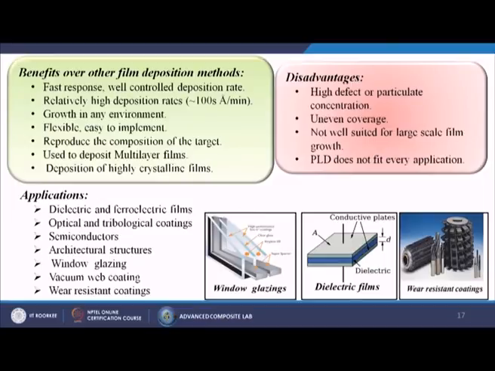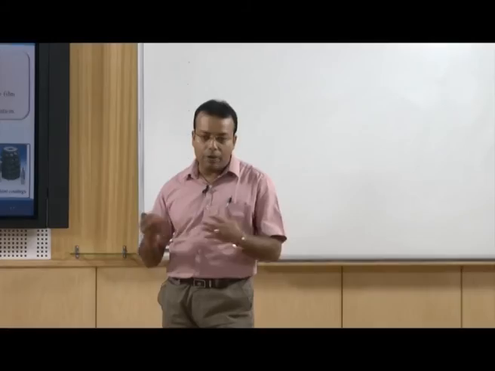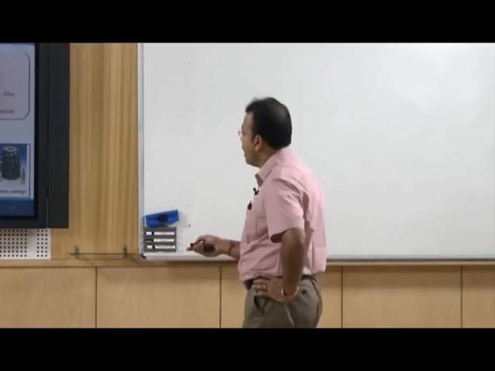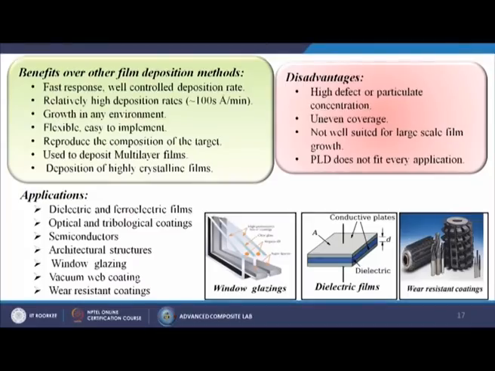So, generally nowadays we are using it on windows, maybe car windows or our household windows, simply so that at the time of raining the water particles do not stick to the surface of that particular glass, or maybe certain kinds of electrical materials, some kind of semiconducting materials, certain kinds of cutting tools where we are doing the coatings by the PLD process.